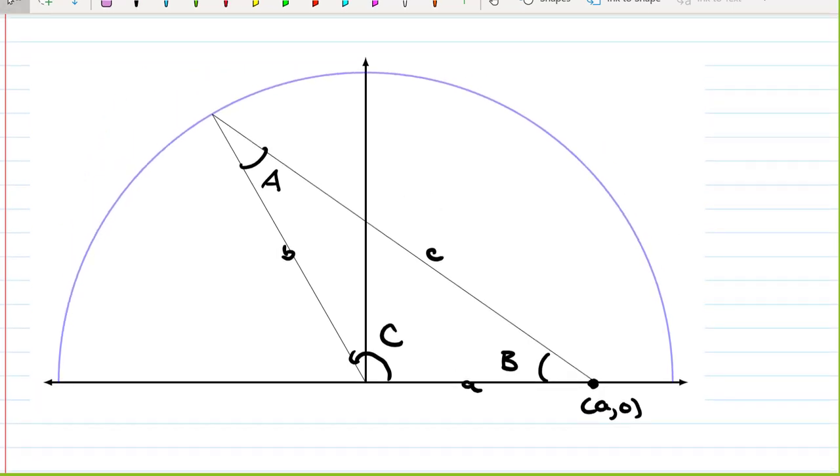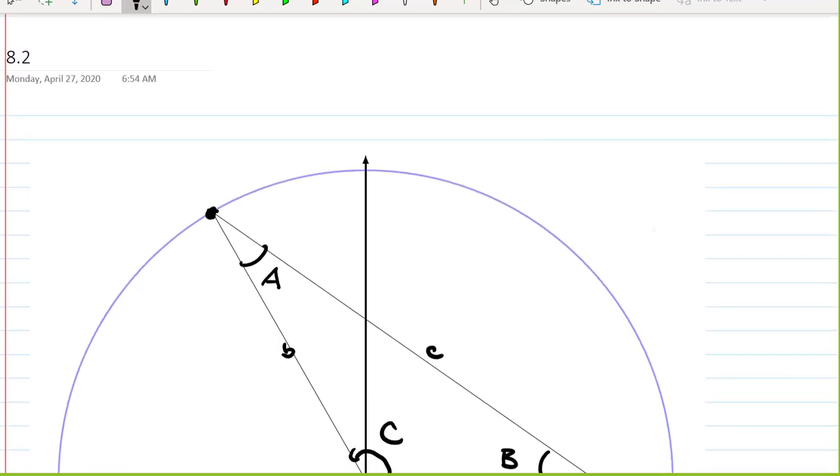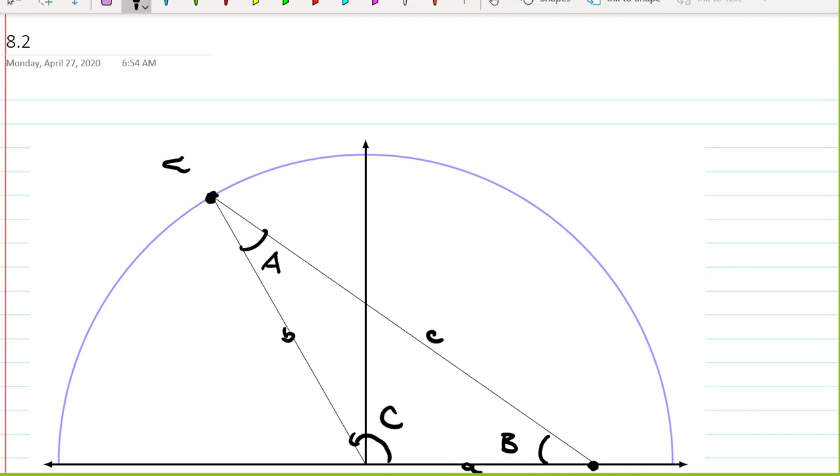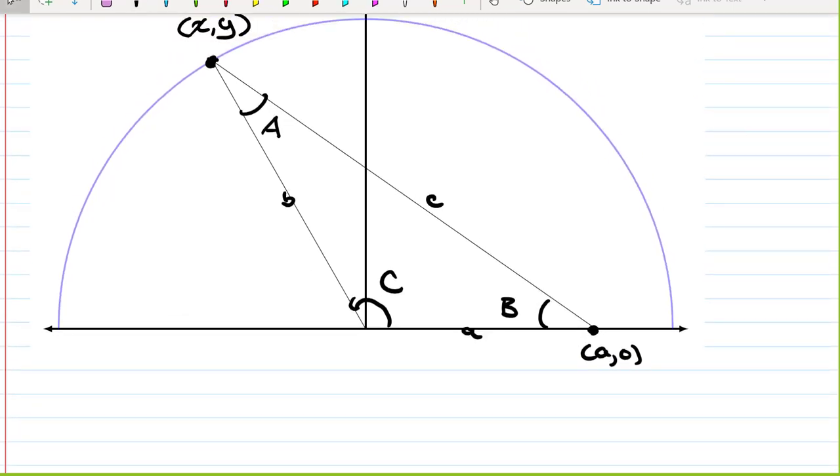We don't know where this vertex is, but to help us out, we are going to say it's at some point (x, y). We don't know what x and y are, but it's at some point (x, y). If that's the case, we can now drop a perpendicular down to the x-axis here.